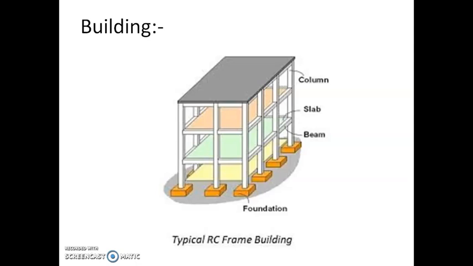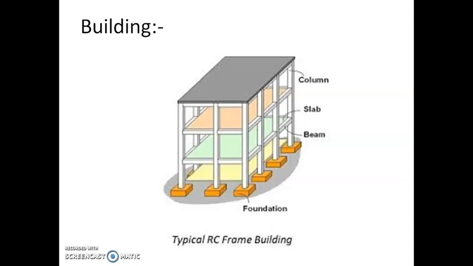Now column, it is a vertical member which supports or distributes the load from the slab to the foundation. The next important member is the beam.